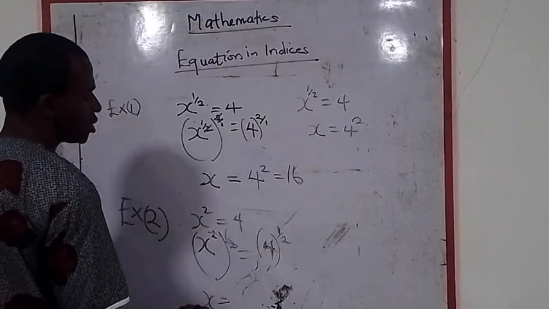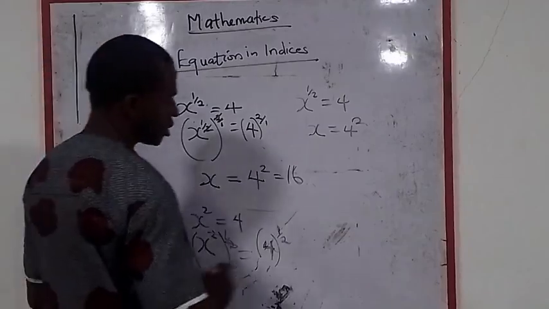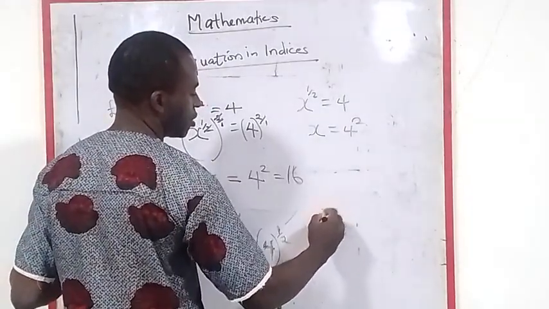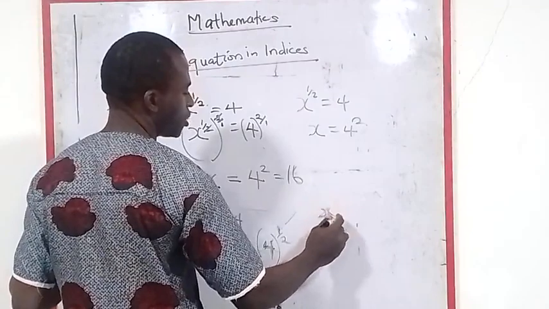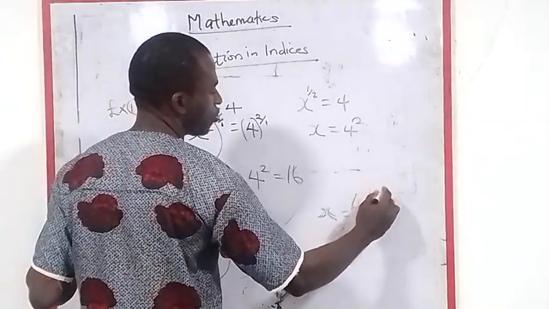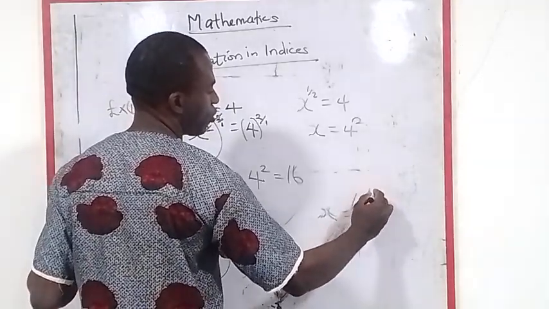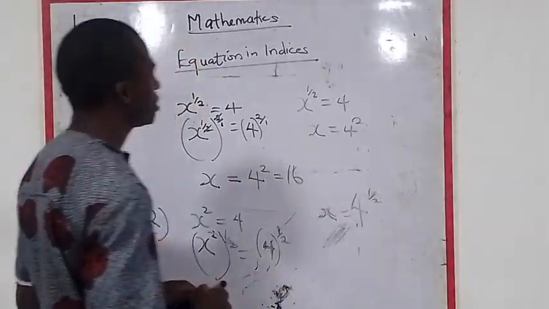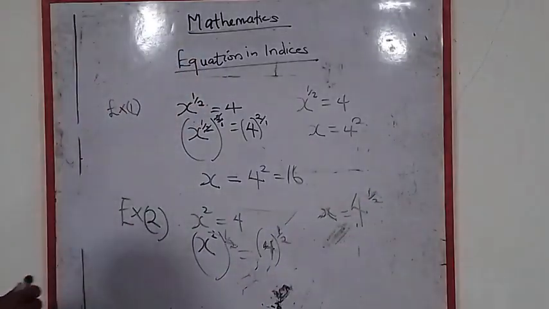When it cancels out, we are now having x, because it's 1 over 1 that will be there. x will now be equal to 4 raised to the power 1/2. That is what you are going to have there.